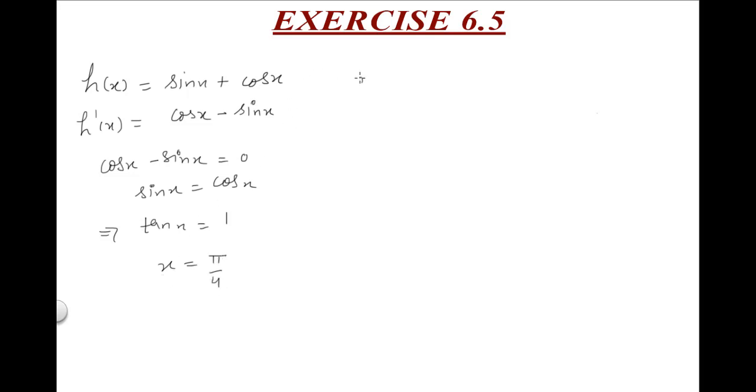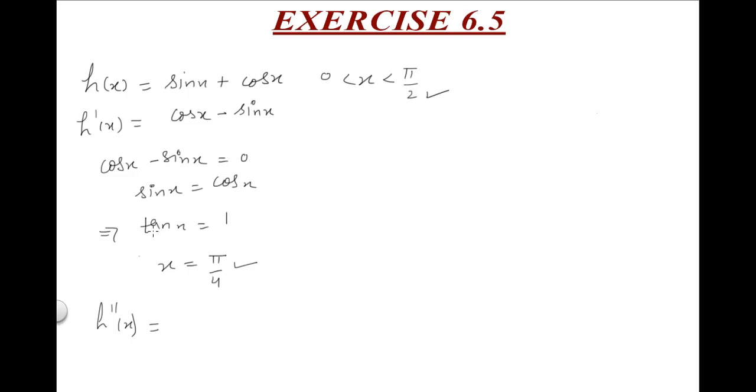Now the interval given is that x values are lying between 0 to pi by 2. Hence pi by 4 belongs to this interval only. And x equals pi by 4 is the critical point or the stationary point for us.